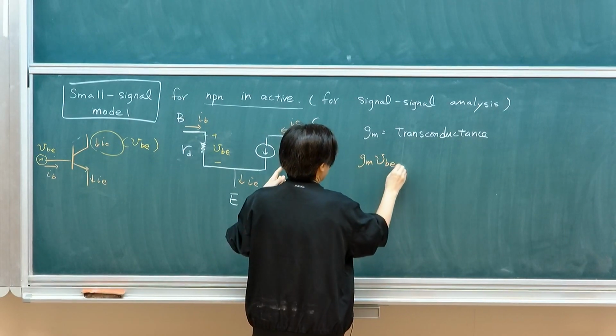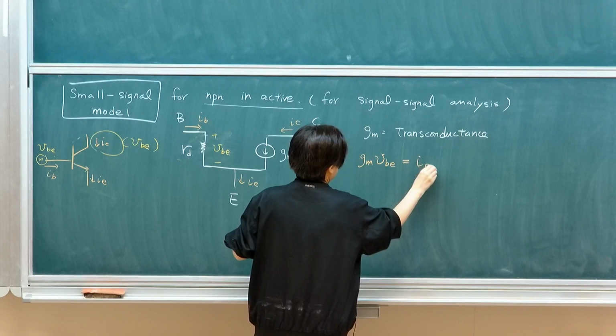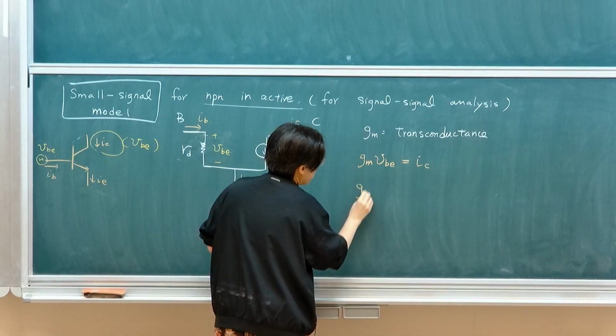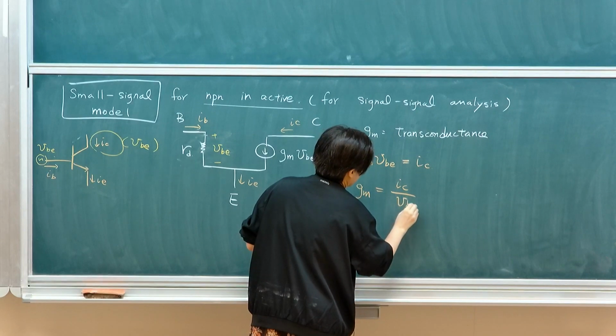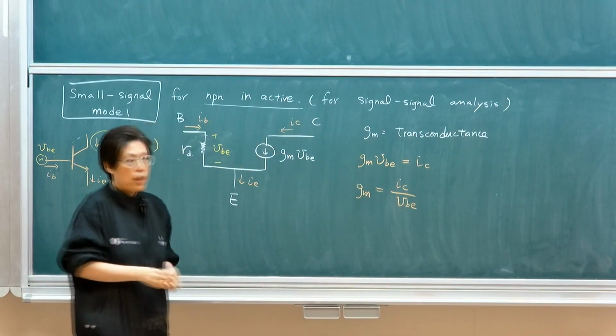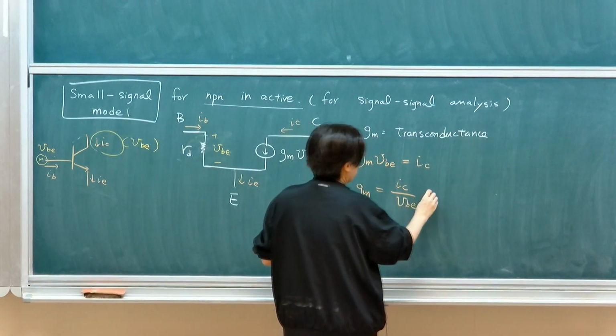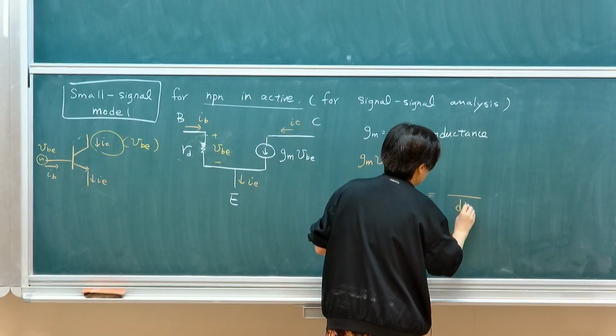Based on this model, gm is describing ic. So gm is defined as ic over vbe. And because vbe is a small little change, if you want to use DC levels, this is VBE.